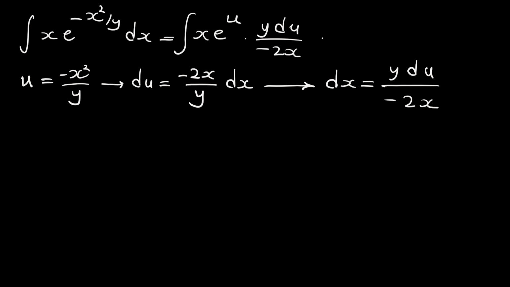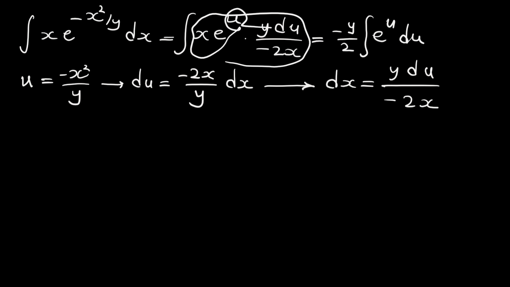Because negative 2 is in the denominator, basically it's like a negative 1/2 integral of e to the u. The other thing that we can move outside, if you pay attention, is y, which is also a constant. So we can move it to the outside of the integral, and we have negative y over 2 here. And then we have e to the u du. Attention, the variable in this integral is u, and so y is like a constant. Integral of e to the u is e to the u.